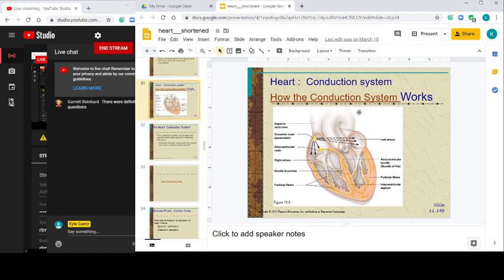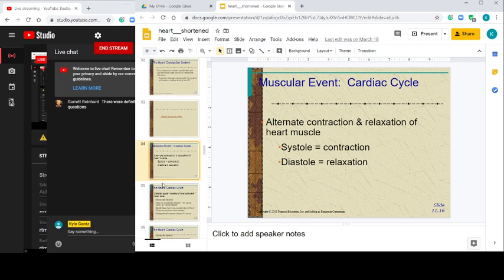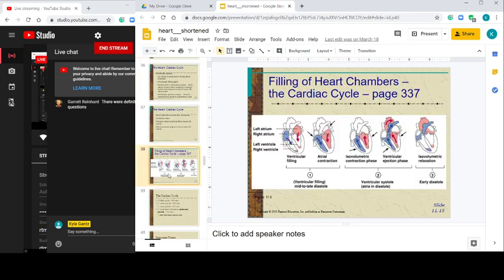So we talked about this conduction system, on how it starts here and travels across the atria to the AV node, down the bundle branches. All right. We talked about that. We talked about contraction and relaxation, and how during these different stages of contracting and relaxing, blood is moving, whether it's moving passively while everything is relaxed, or if it's moving actively.